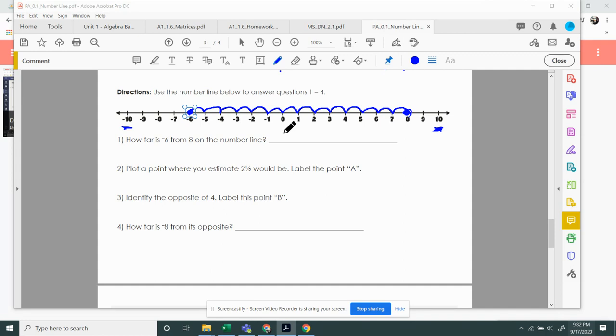It is 14 units. And I'm calling them units because we really don't know if these are inches or centimeters or miles. They haven't told us. If they haven't told us, we call them units.